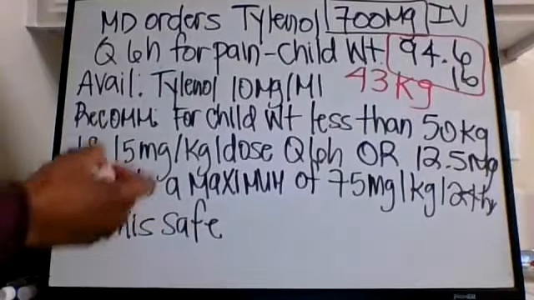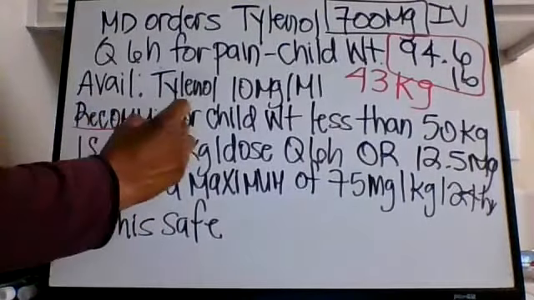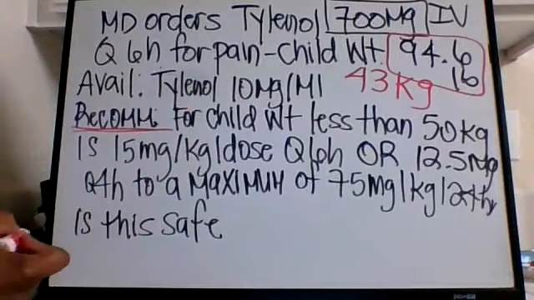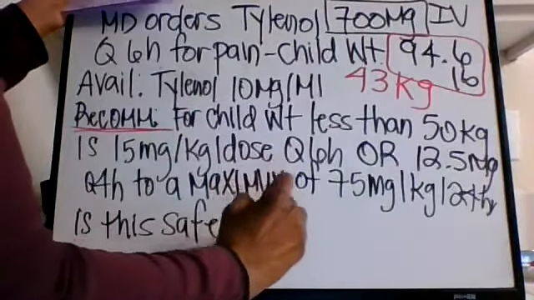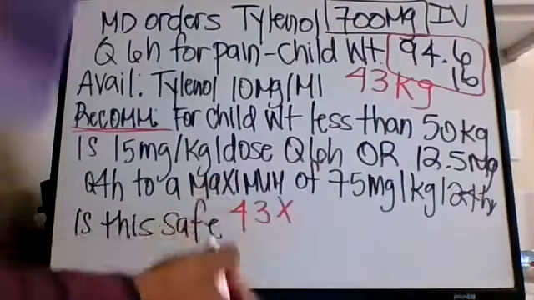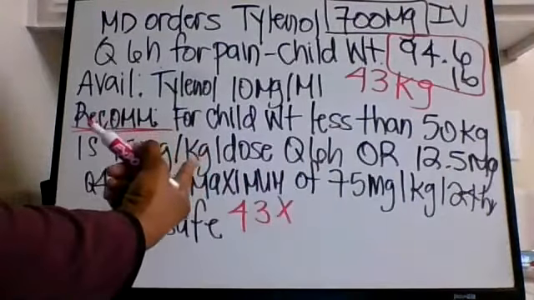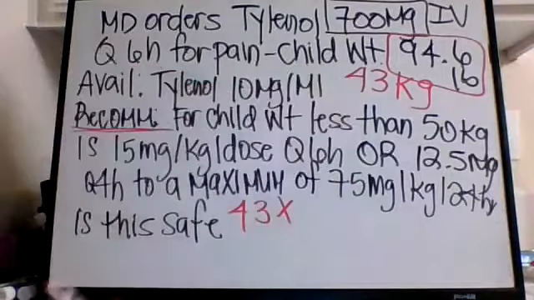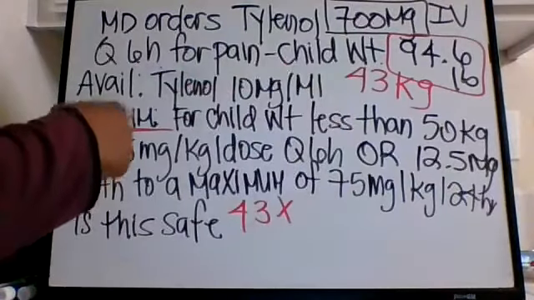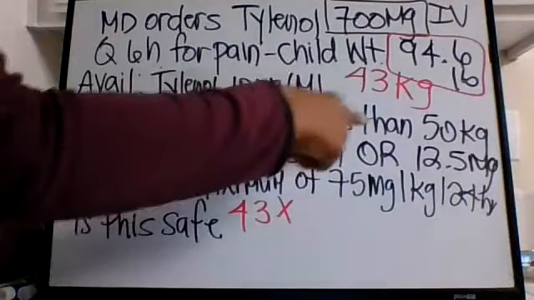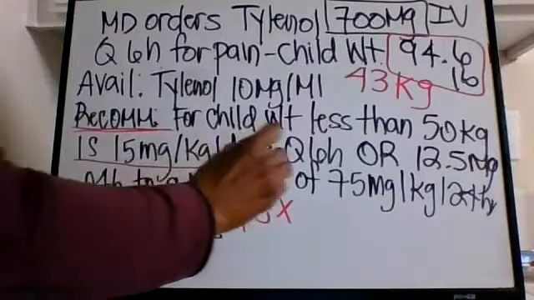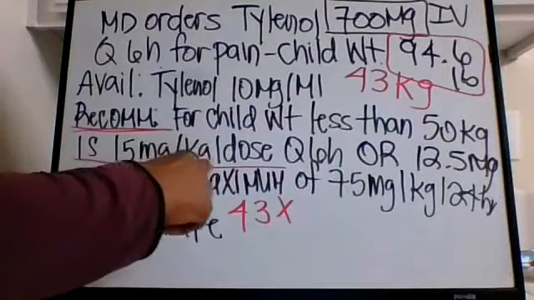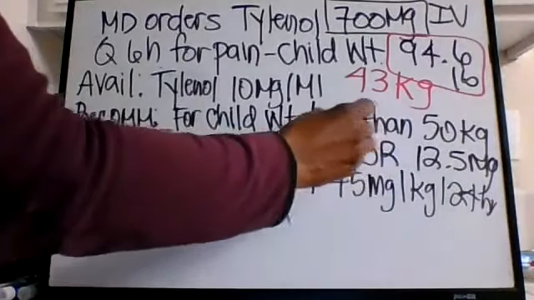Now we have to find out the recommended dosage range. Of course we take the 43 kilograms, and now we have to look at these instructions. Now we know that the child is 43 kilograms. The recommended dosage says if the child weighs less than 50, the recommended dosage is 15 milligrams per kilogram per dose every 6 hours.